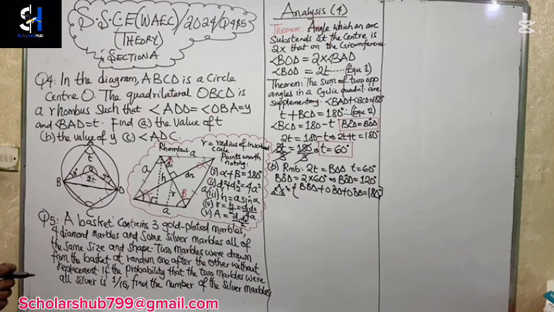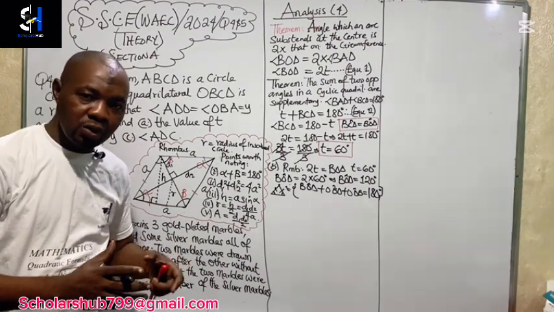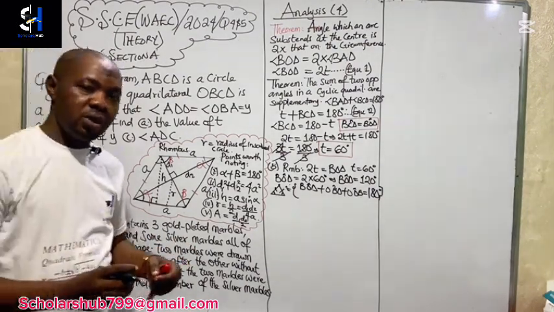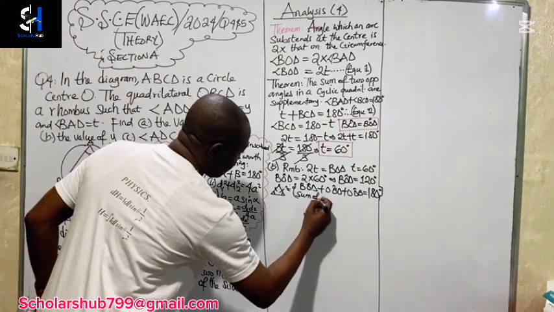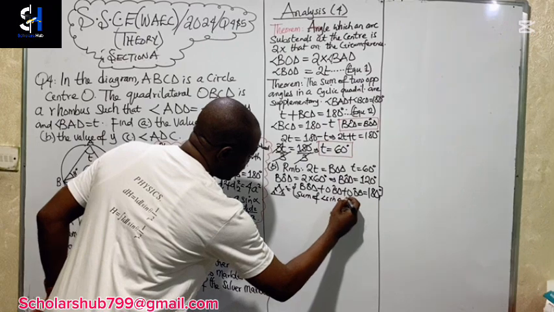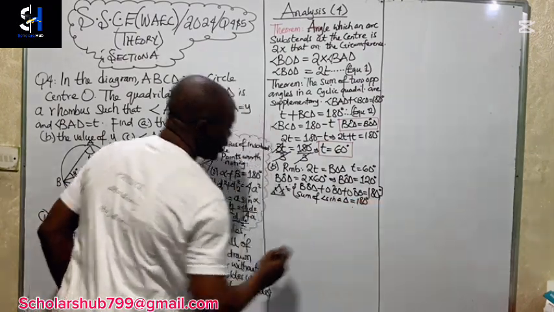Why is it equal to 180 degrees? Because we know that the sum of angles in a triangle adds up to 180 degrees. Remember the reason: sum of angles in a triangle add up to 180 degrees.